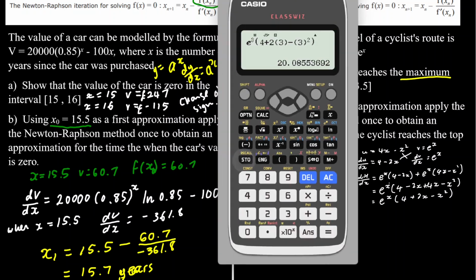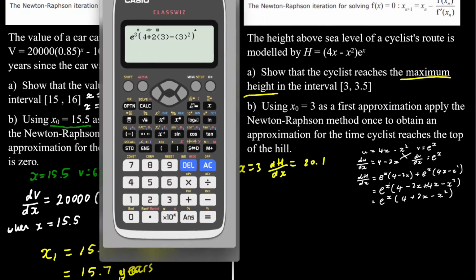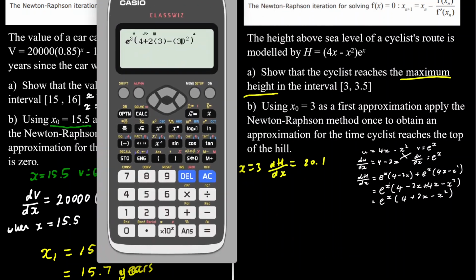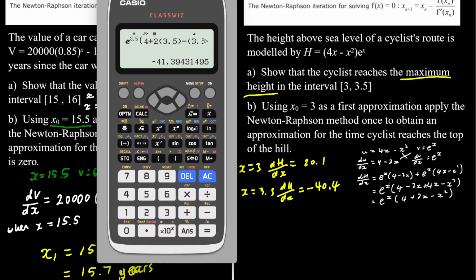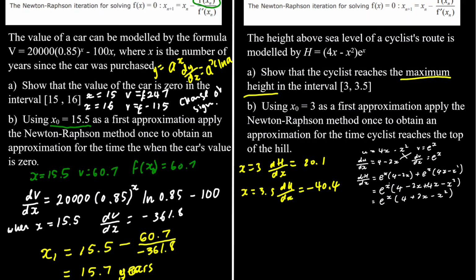We're using that later, so I'm going to store that as A now. And when we have 3.5, we get negative 41.4.